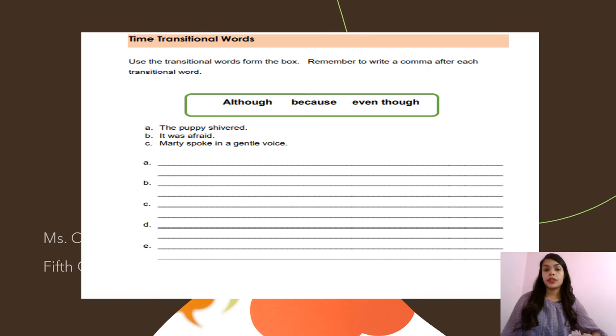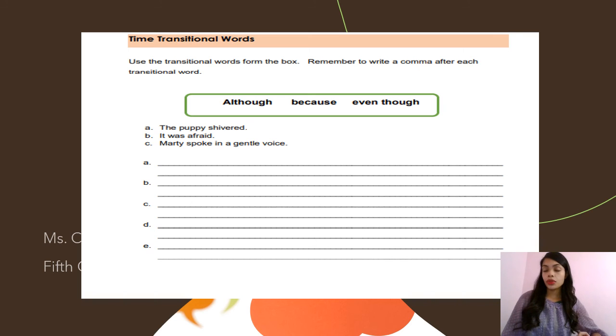It doesn't matter if it's in the beginning of the sentence. It doesn't matter if it's in the end. It doesn't matter if it's in the middle of a sentence. You always have to use a comma after you use the transition word. Okay, you're gonna write your own 5 sentences.